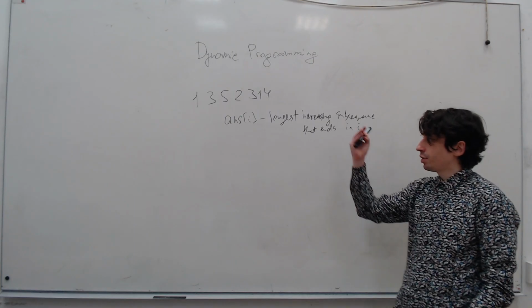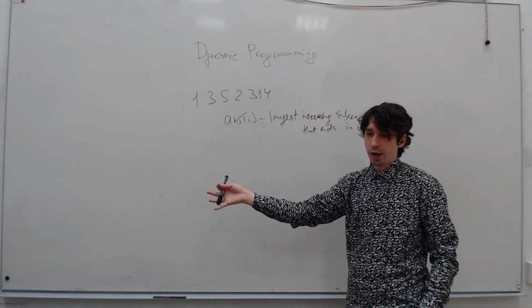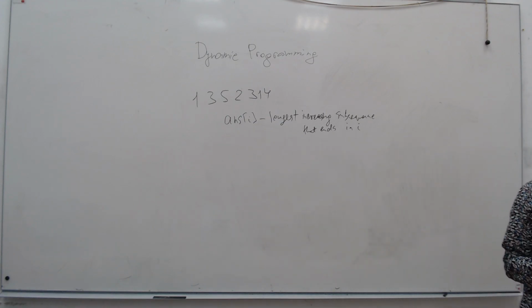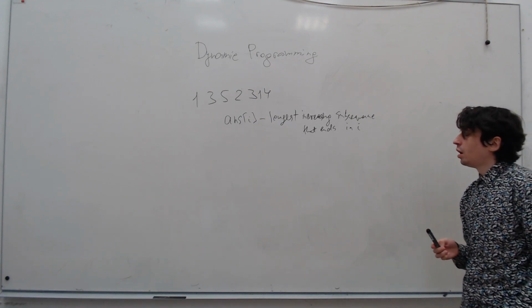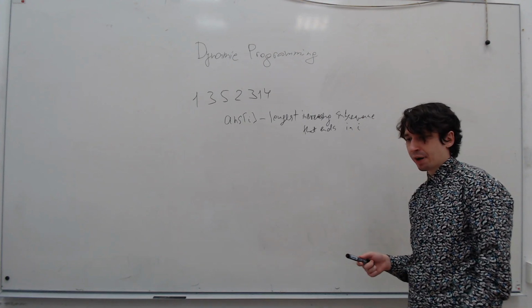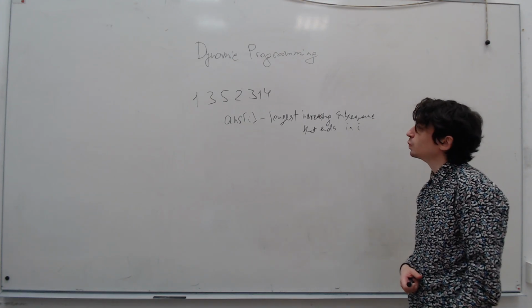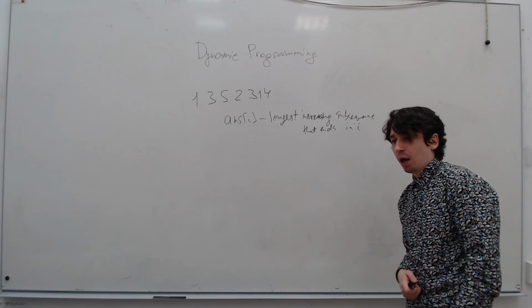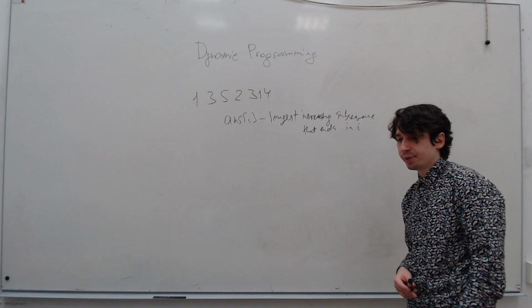So we want to calculate this, where our subsequence ends at i, and you know the answers for the prefix. Can you please tell me how we will perform the step?